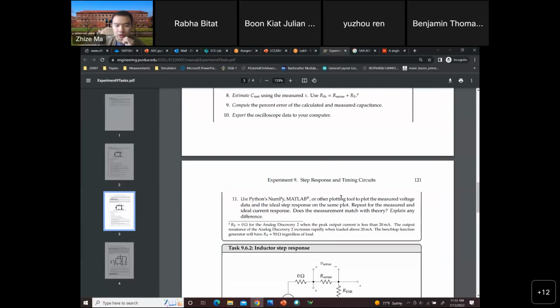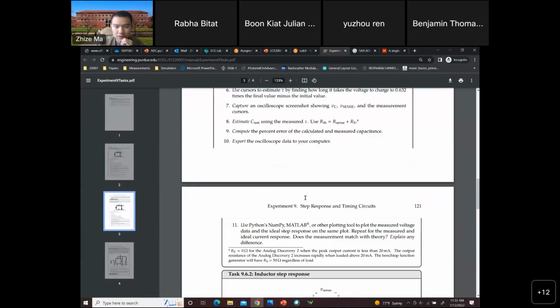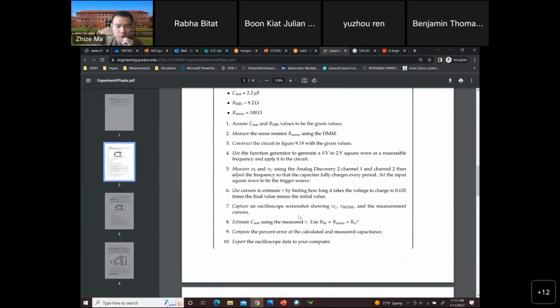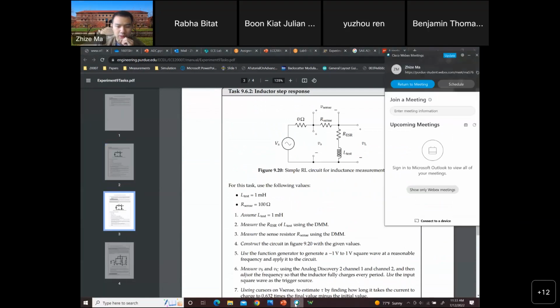Just make sure you align them together and compare them in one plot. So that's all for task 1.